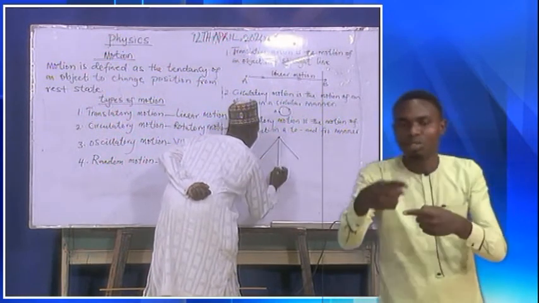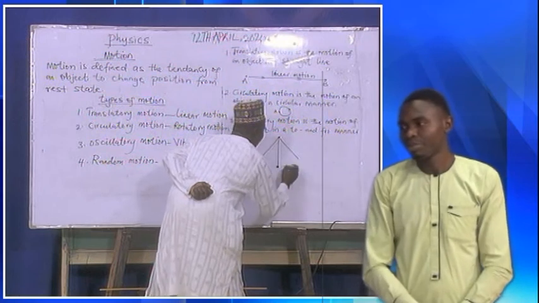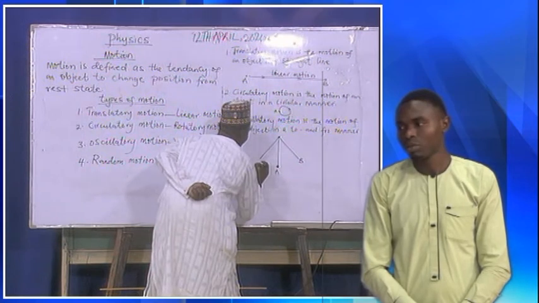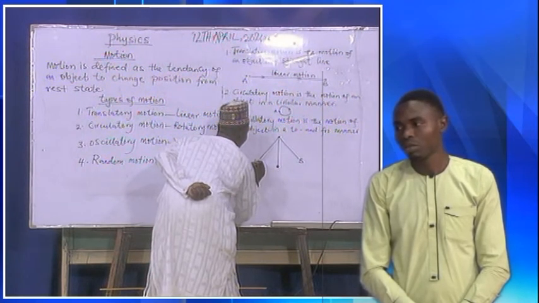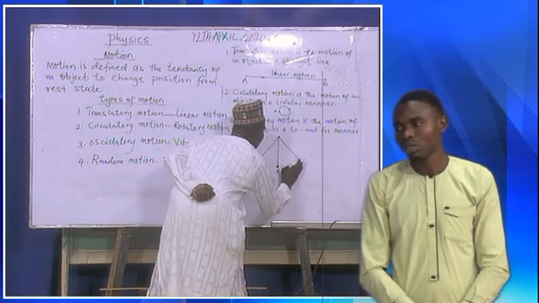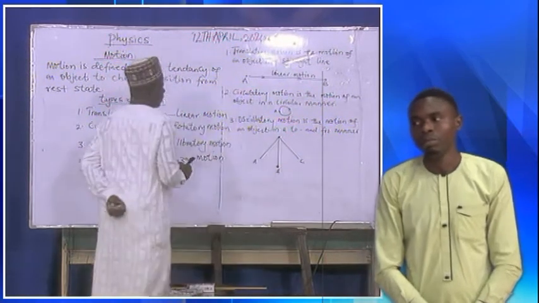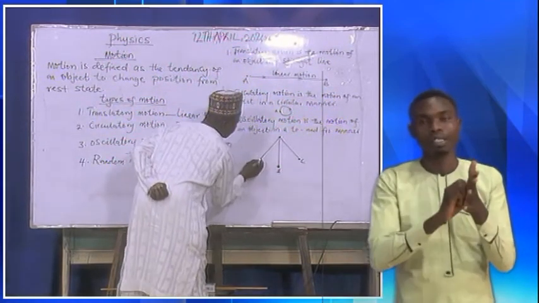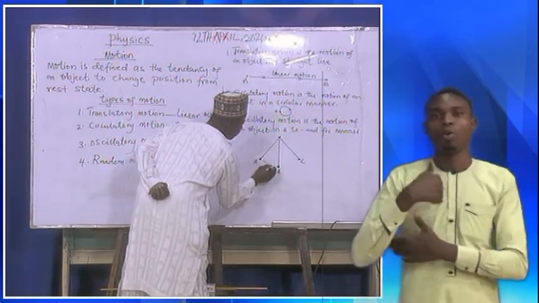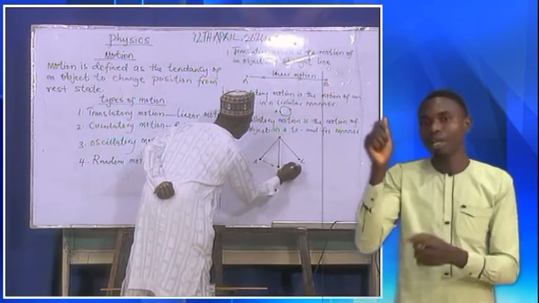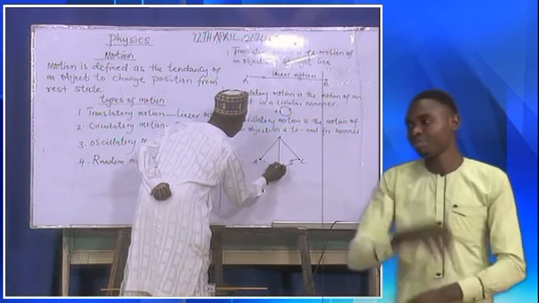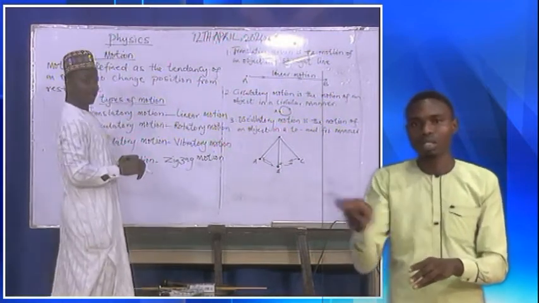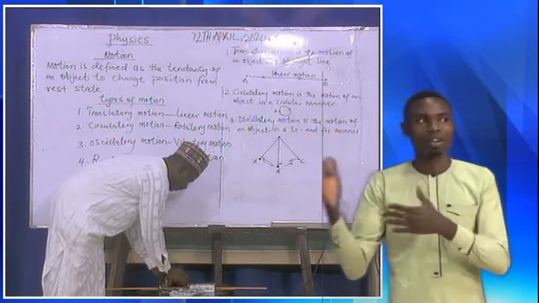For example, this is point A, point B, and point C. If this is an object starting from A, moving towards B, and then passing to C, and then coming back from C towards B to now A, it is doing what is called oscillatory motion, please. Oscillatory motion.